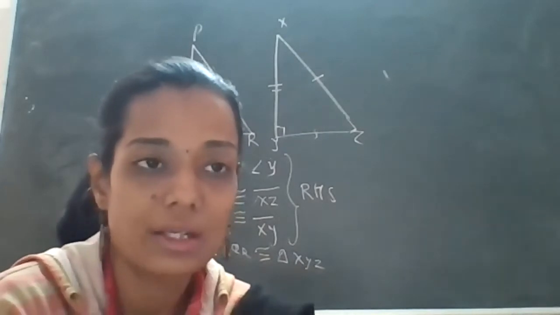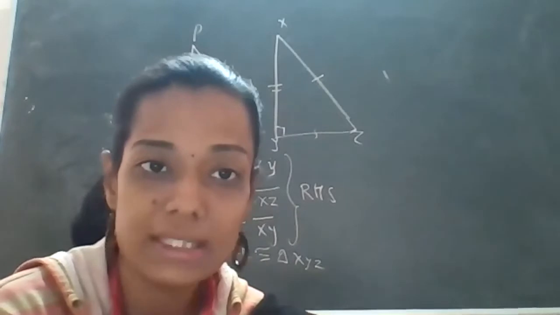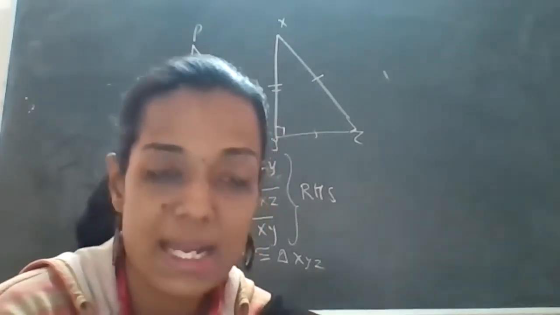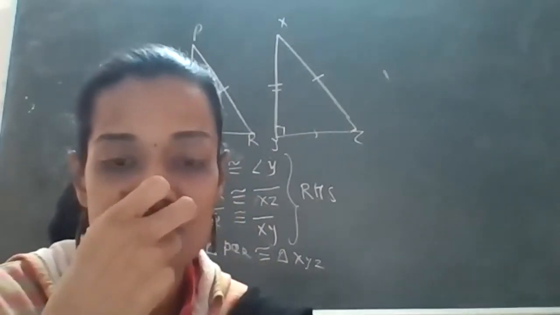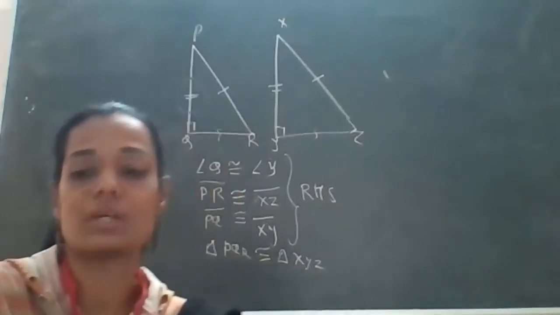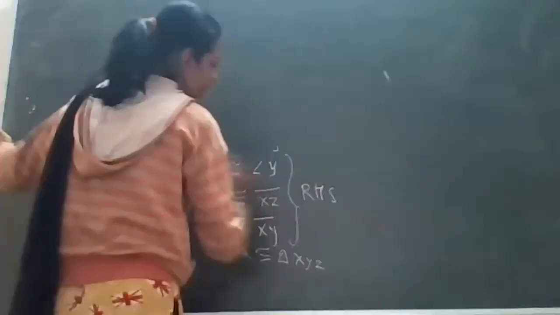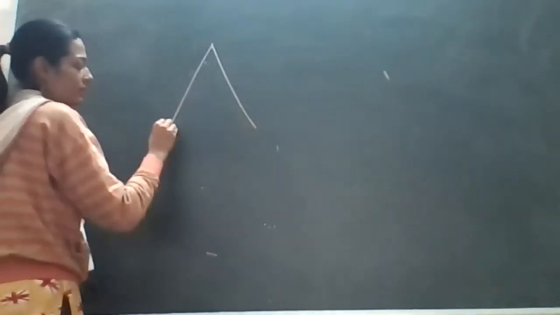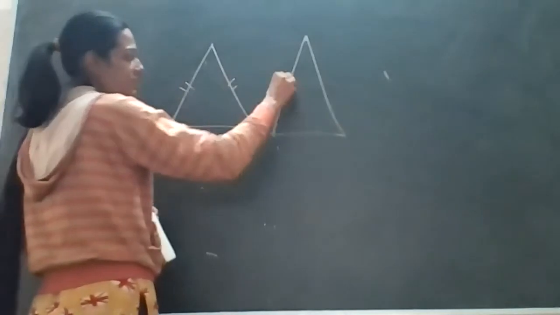Right? Now we said that some other properties are also there. In case of isosceles triangle, angles opposite to equal sides of an isosceles triangle are equal. Means opposite angle of a side will also be equal. For example, I am going to take now these are called isosceles triangles, right?